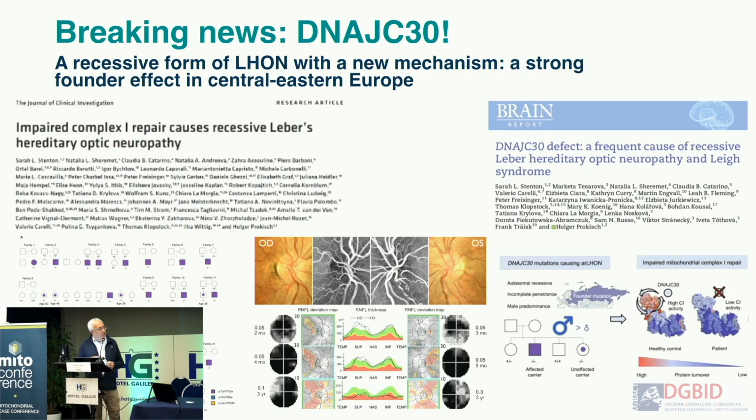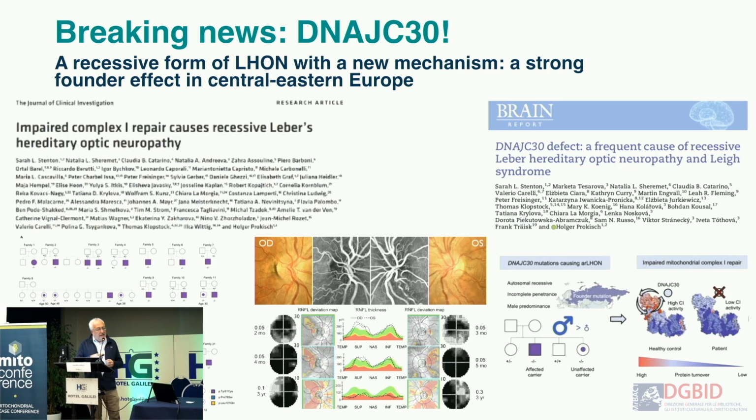We were collaborating with that because we almost at the same time found these cases, but they were smarter than us, and we discarded initially the variant as non-pathogenic, and then we understood that it was very frequent because there is a founder effect in Eastern Europe countries.